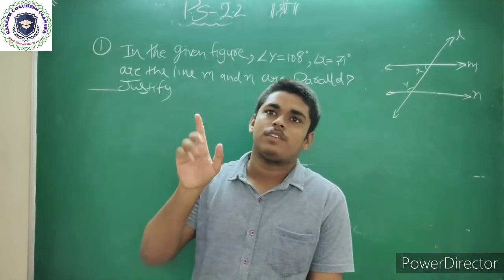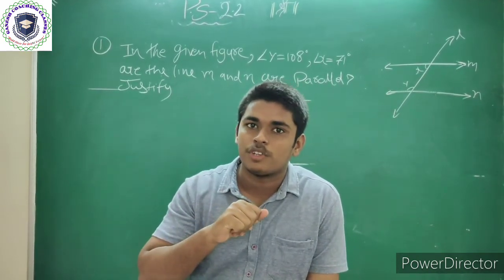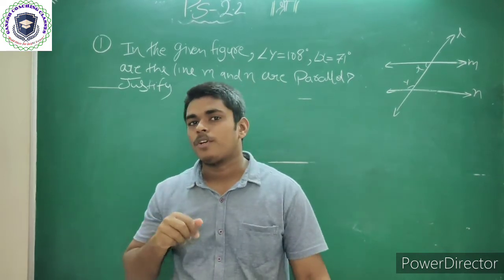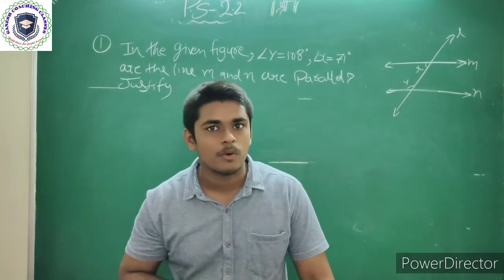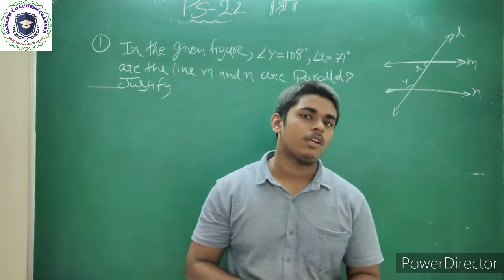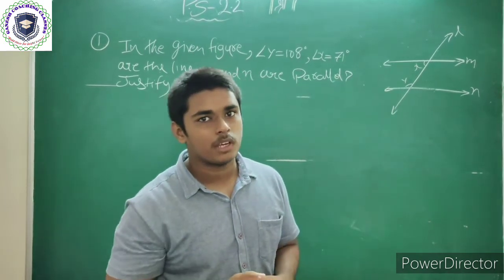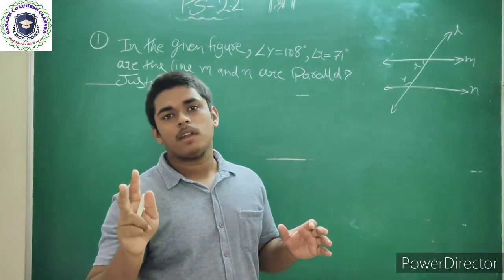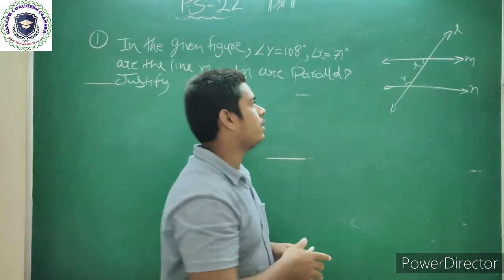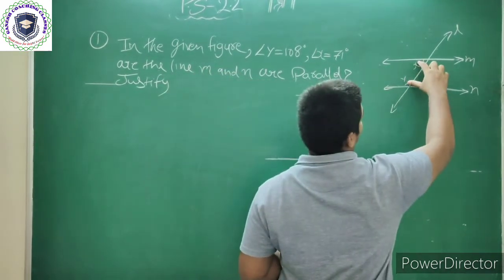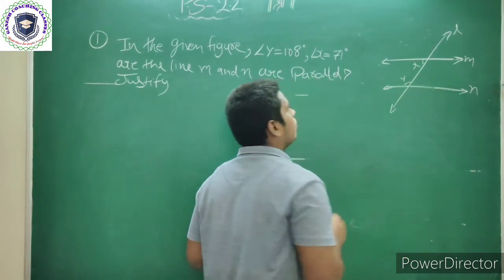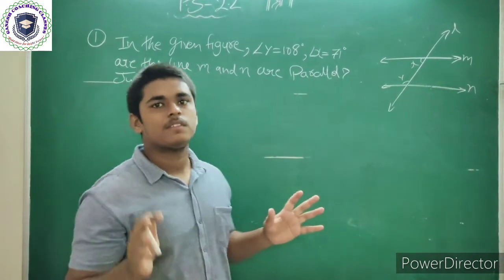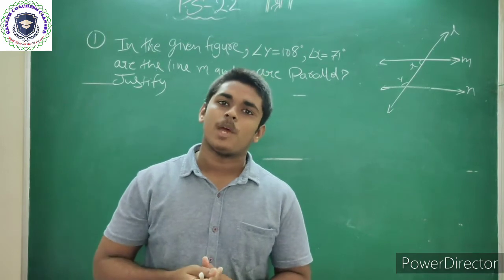We learned the property of vertically opposite angles, and we saw the property of alternate angles. Alternate angles are congruent, as well as vertically opposite angles are congruent. And when there are two parallel lines and one transversal, the interior angles are supplementary angles. So these are the properties we have learned.